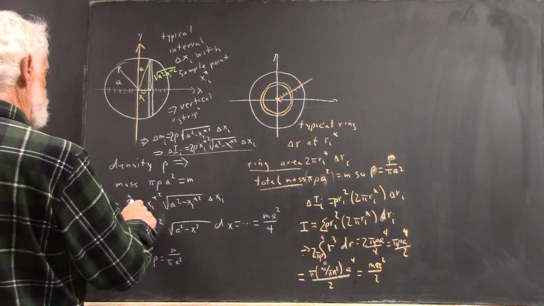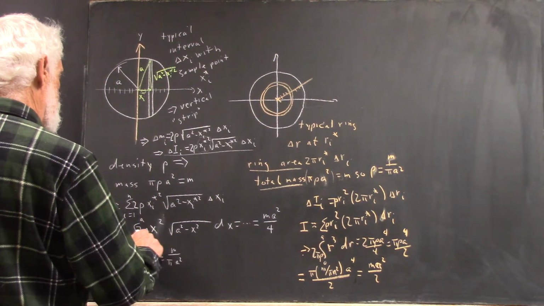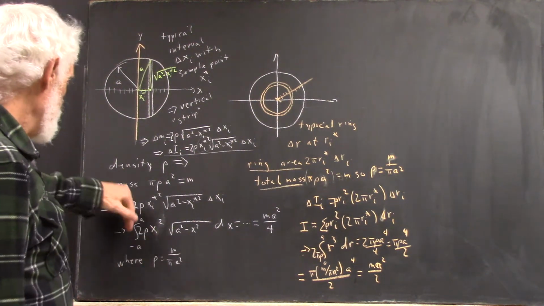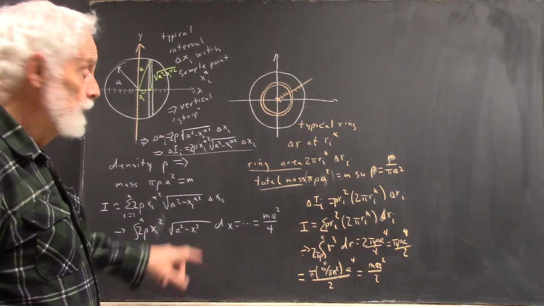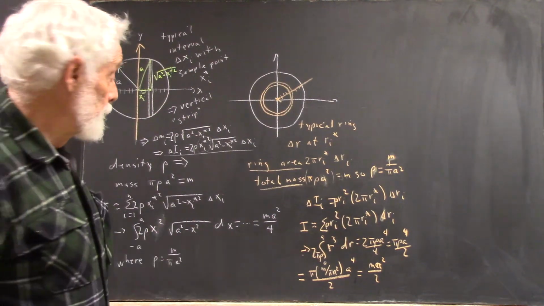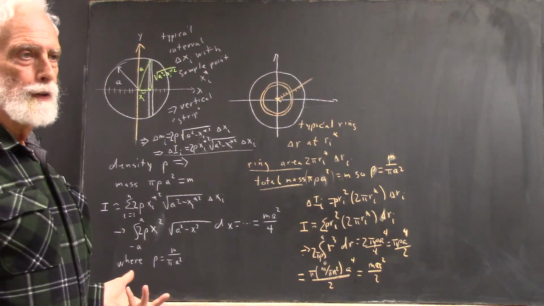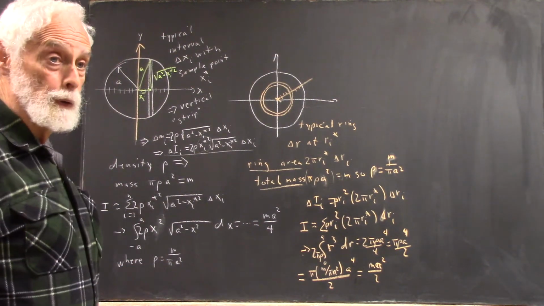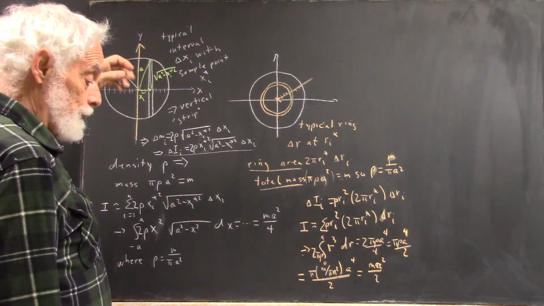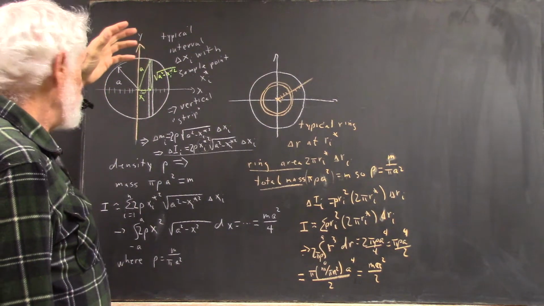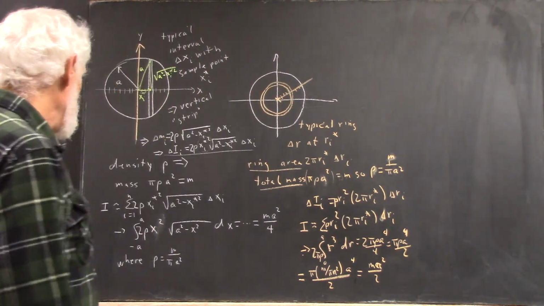So, correcting this slightly, now the 2 rho can come out of the integral. You end up with the integral of x squared times the square root of a squared minus x squared, which you're probably going to do using a trigonometric substitution, which then makes the whole integration equivalent to the integration you do if you set it up in polar coordinates, where the distance from the axis of any small increment out here is going to be r sub i sine of theta sub i.